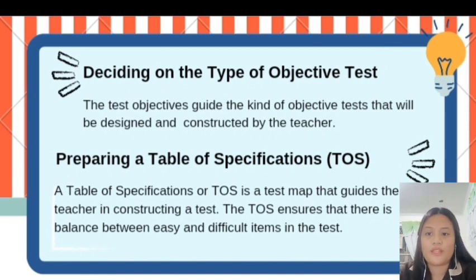So sa Bloom's taxonomy, LOTS or the lower order thinking skills are under remembering, understanding, and applying. While the HOTS or the higher order thinking skills ay under naman siya ng analyze, evaluate, and create.